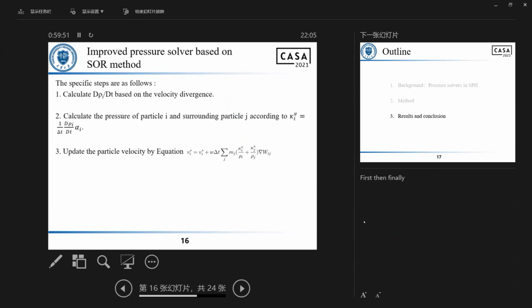The specific steps are as follows. First, we calculate d rho i divided by dt based on the velocity divergence. Next, we calculate the pressure of particle i and the surrounding particle j according to this equation. Finally, we update the particle velocity by this equation.